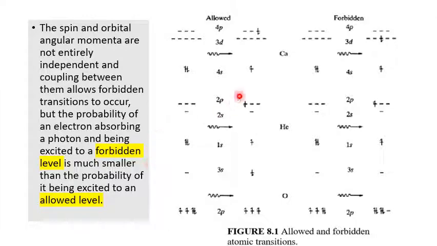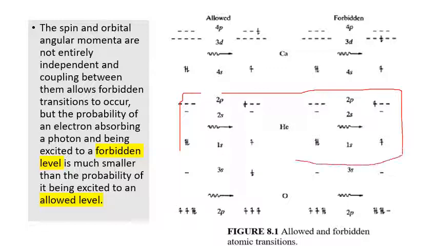Here are some examples of allowed and forbidden atomic transitions. First we will see the simplest example, helium.